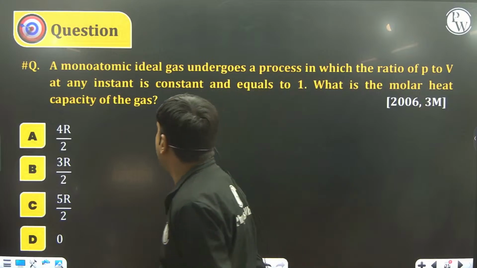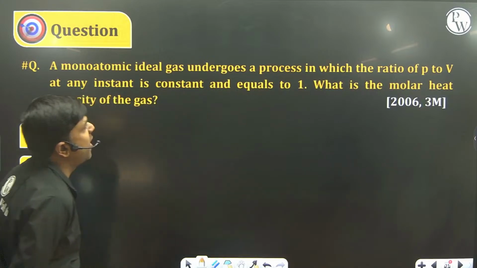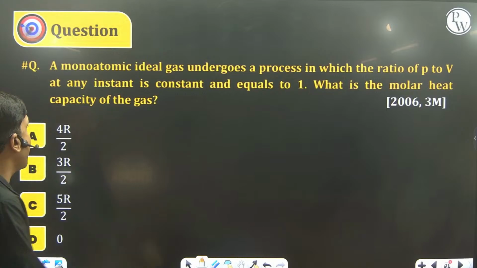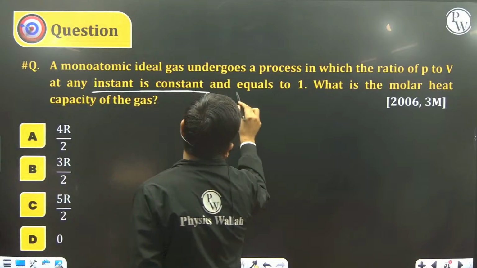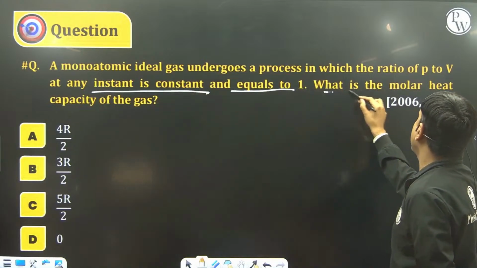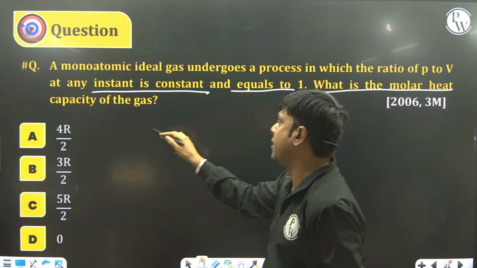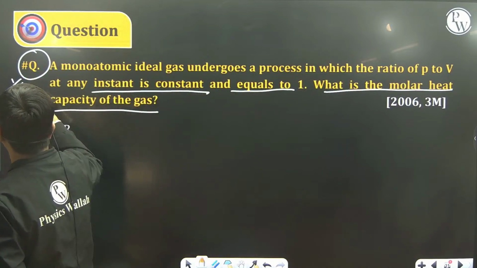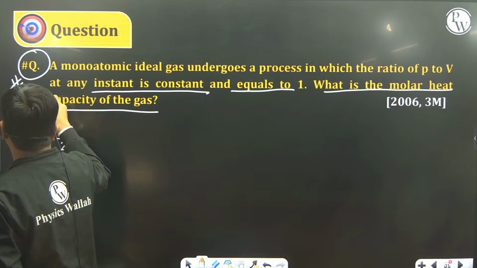Yes, a monoatomic ideal gas undergoes a process in which the ratio of P to V at any instant is constant and is equal to 1. What is the molar heat capacity of the gas? Very important question. Typical one. Very, very important question.